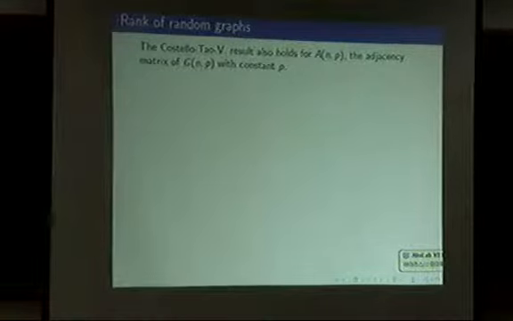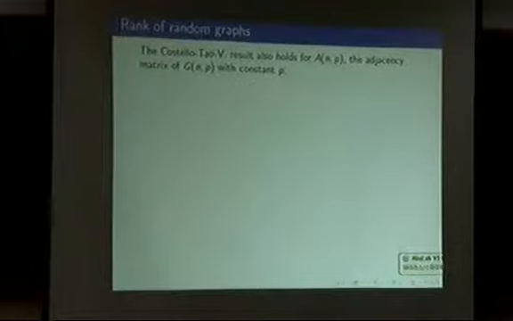Okay, so I will go over this quickly. Another model for random matrices is that you can take the adjacency matrix of a random graph, right? Now, instead of plus or minus 1, we have 1 and 0. And if the density of the graph is p, then the 1 and 0 is biased, right?